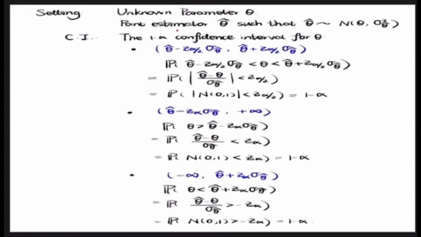And according to the central limit theorem, when you have a sufficiently large sample, we expect the estimator to follow a normal distribution. When the estimator follows a normal distribution, we can use the idea of large sample confidence interval that I showed you before. Take a look at this guy here.